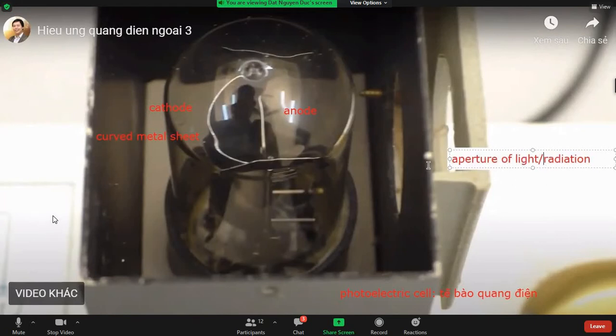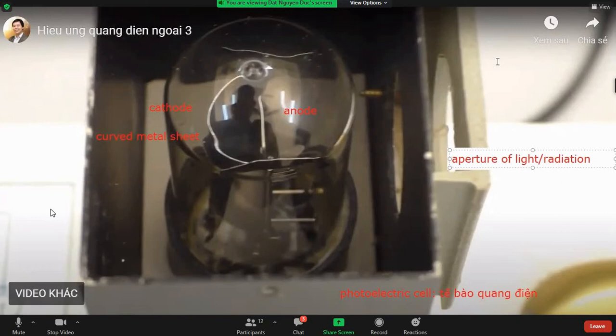But why don't we just not have the box here, and let the light come directly through to the cathode without the box and the aperture? Tại sao chúng ta phải có cái hộp mà chúng ta không cho thẳng ánh sáng vào luôn? Vậy sao cái hộp có cái lỗ làm gì? Dạ thưa thầy, bởi vì cho vào hộp phải đảm bảo là nó không bị ảnh hưởng bởi ánh sáng từ môi trường.